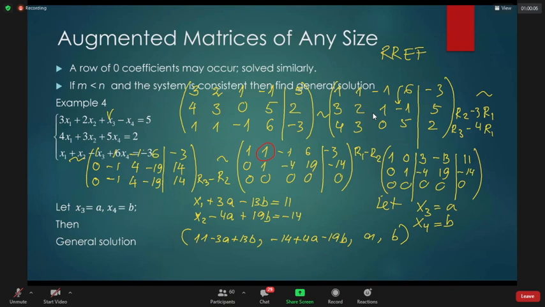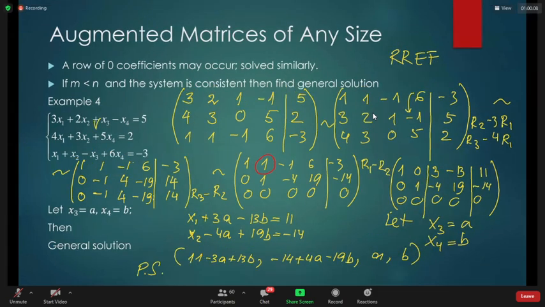For example, I could say particular solution if, let's suppose, a is 3 and b is 1, then I have 11 minus 9 is 2, 2 plus 13 is 15, and minus 14 plus 12 is minus 2, minus 2 minus 19 is minus 21, for example. That's an example of a particular solution. As I said, it depends on what I choose for a and b, and I can choose them whatever I like, any real number.